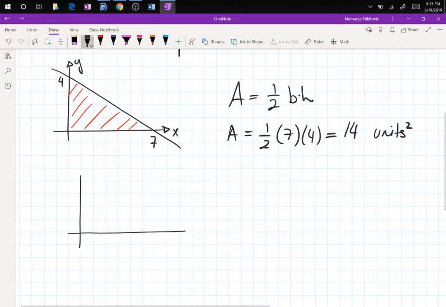What happens if you have some function that might look like something like negative x squared, and just take half of it, let's say? So what's the area here? Now this is where the method that I want to teach kicks in.